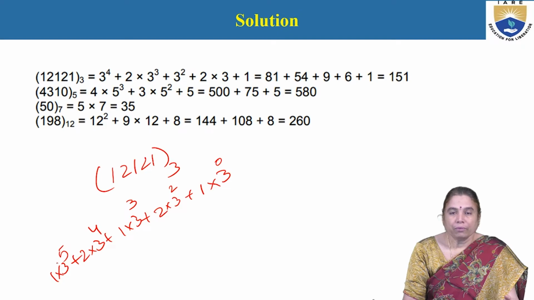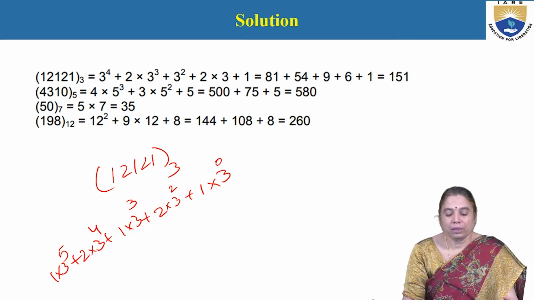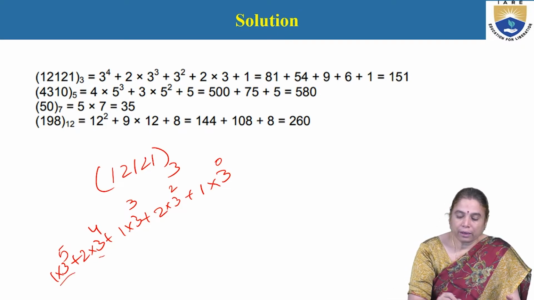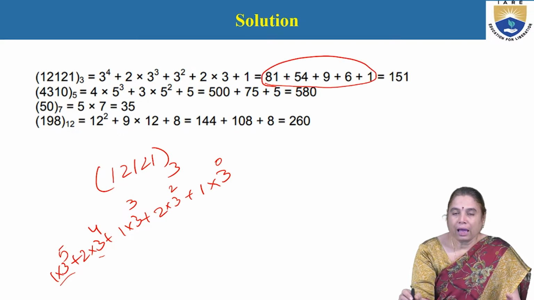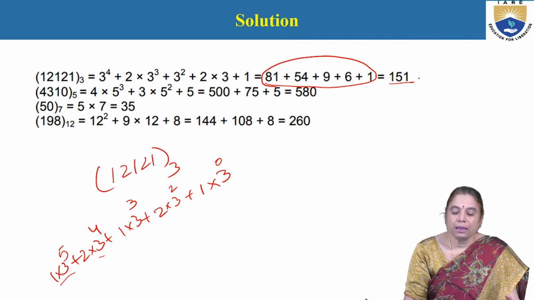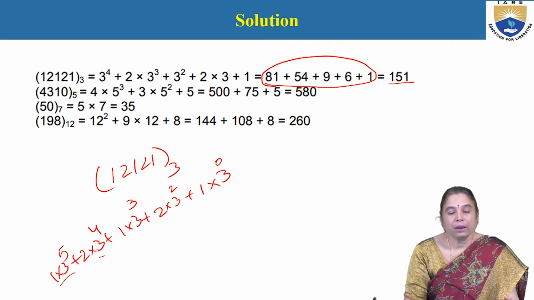The product terms are added to get the actual decimal equivalent. 151 is the equivalent of 12121 represented in the base 3 number system.